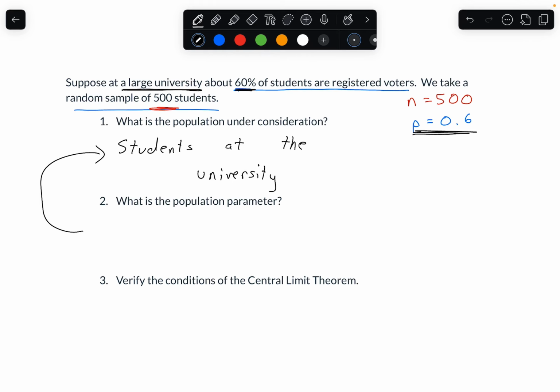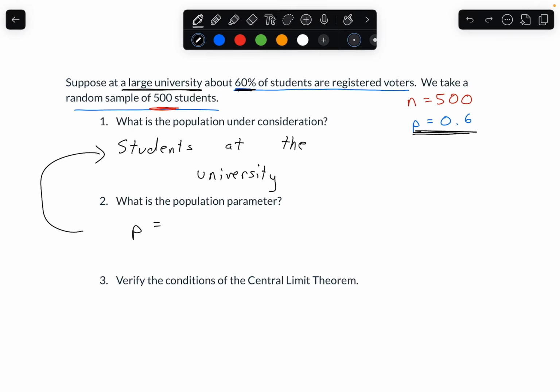So in this case, we're given a percentage or a proportion. So the parameter that I'm going to use is P, which is the population proportion. And I also want to talk about what this is actually going to be describing. I do know that the value of P is 0.6, and we'll give that with our answer in just a moment. But I want to describe what that number is talking about.